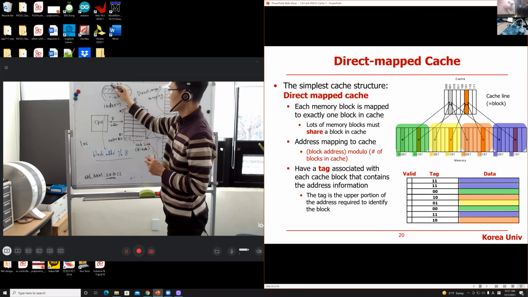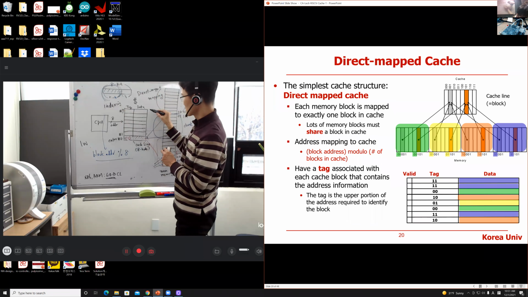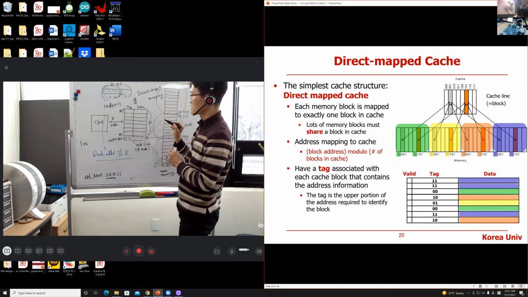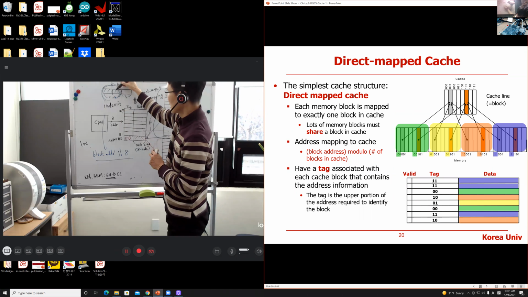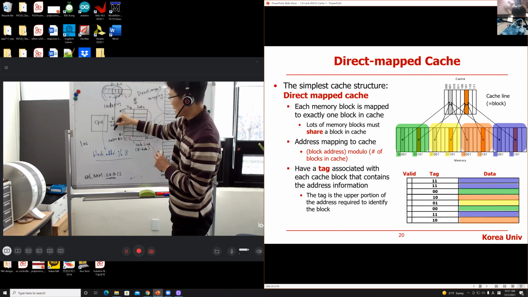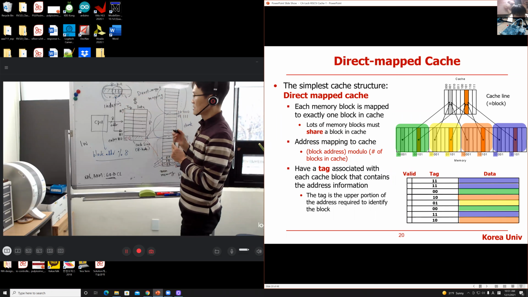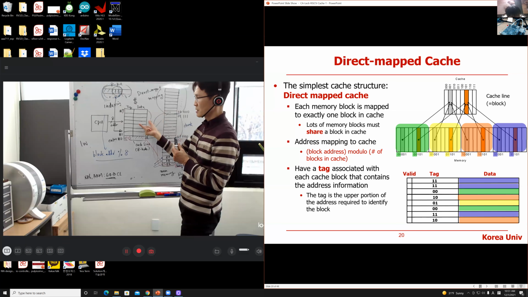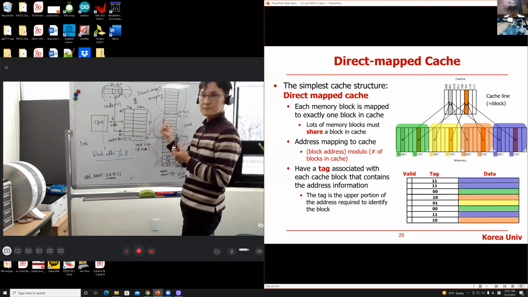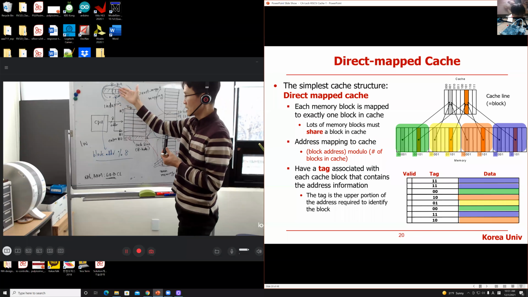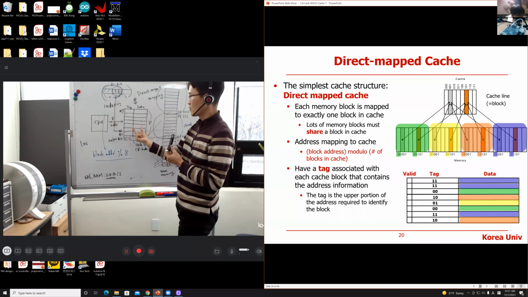Based on this block address, because we have eight entries, you use the last 3 bits to select a specific cache entry for lookup, to see if the cache has the data I'm looking for.